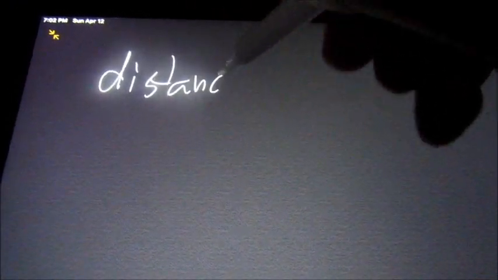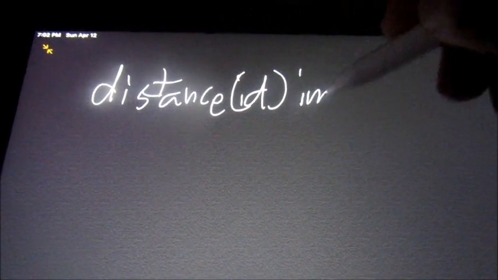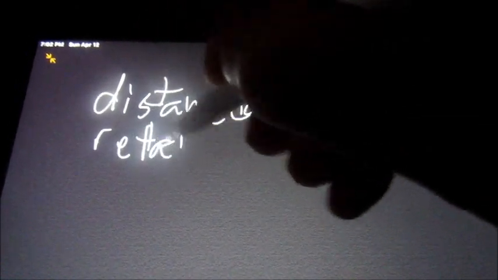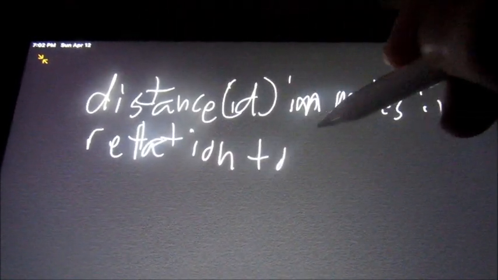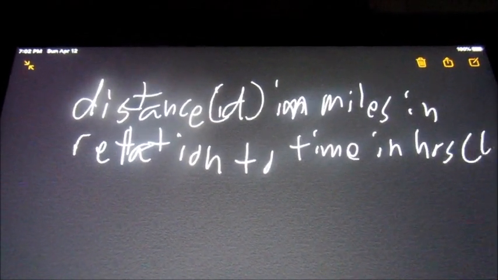Alright, then you're going to get a word problem where you're going to have to use certain letters. It's going to say something like distance d in miles in relation to time in hours h.